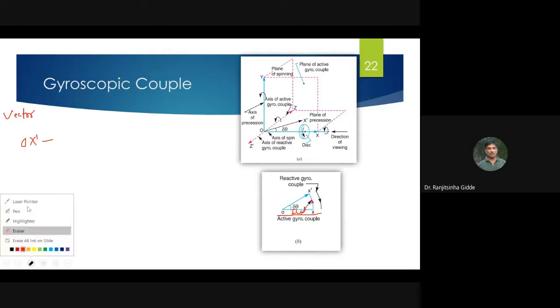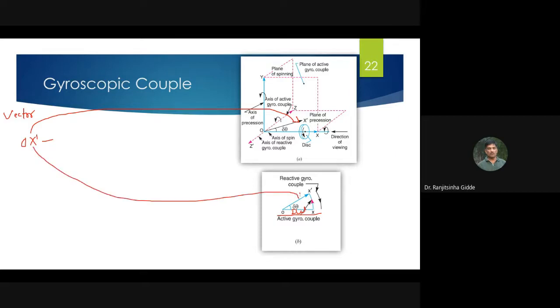And this one is the vector diagram. Okay.